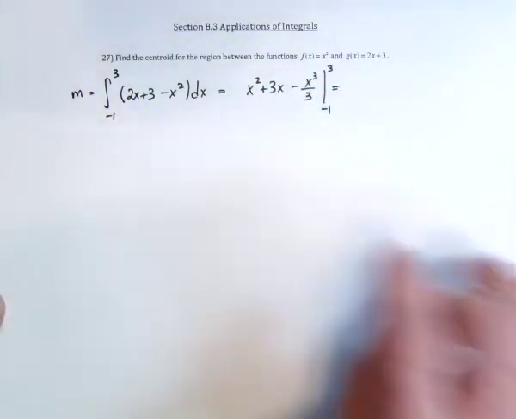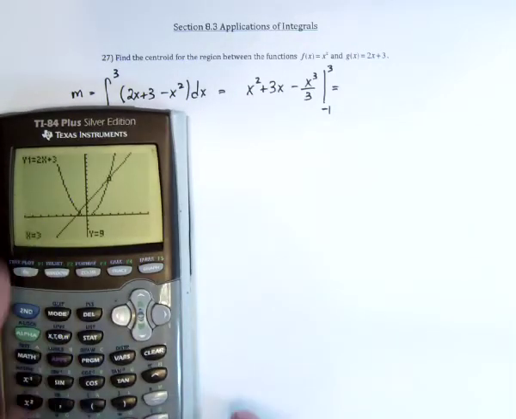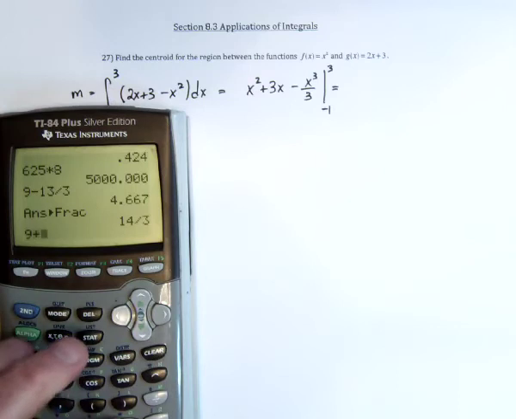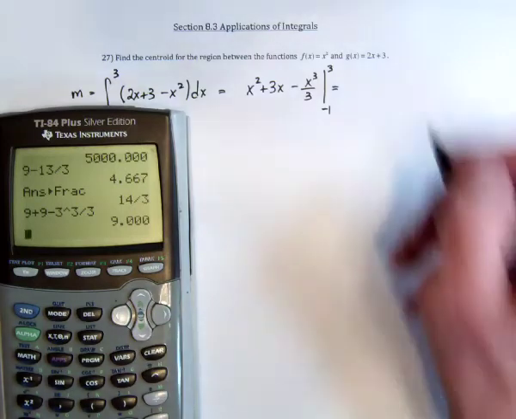When you substitute in 3, this is 9 plus 9 minus 3 cubed over 3. So that's a grand total of 9.